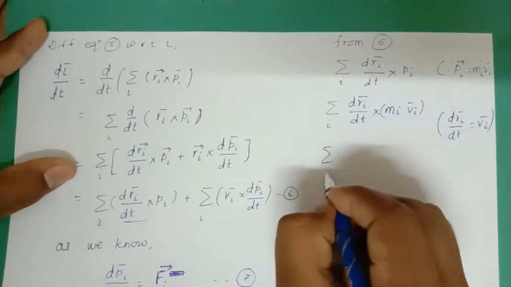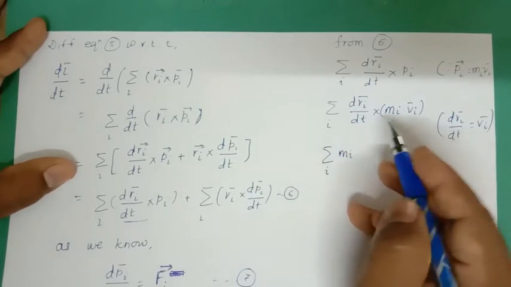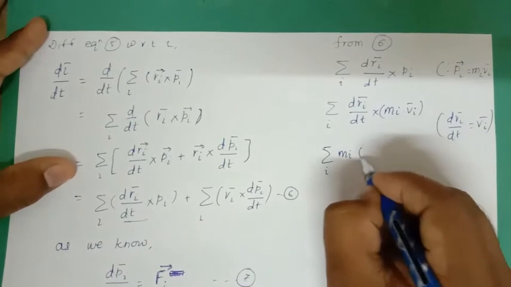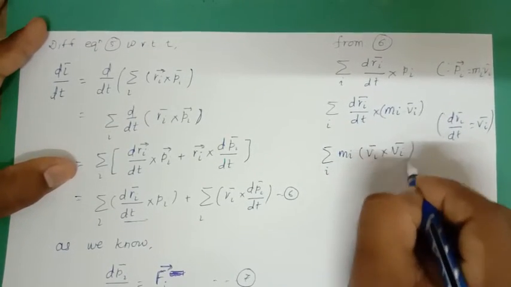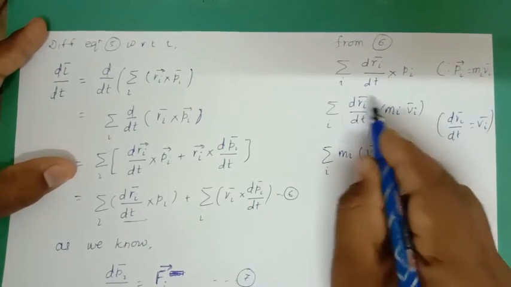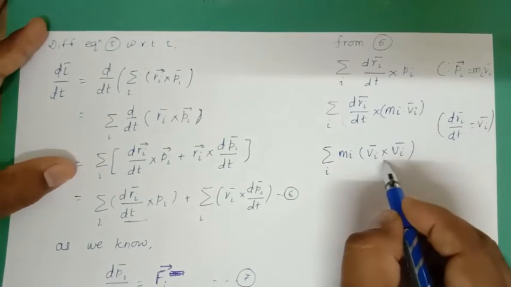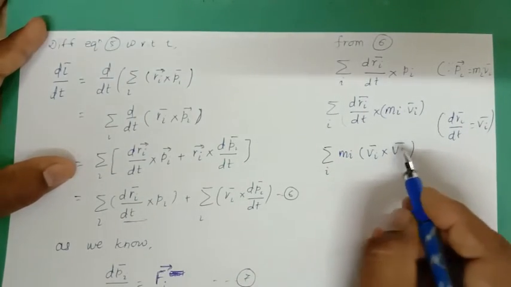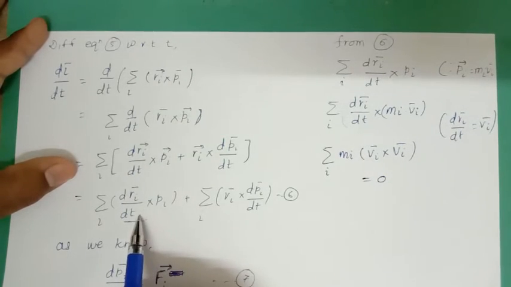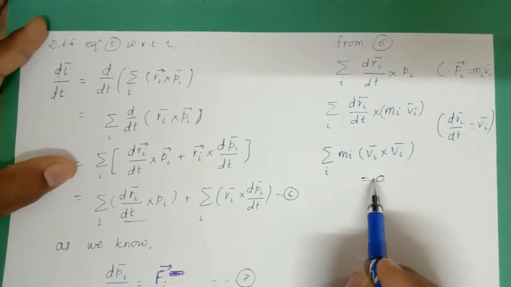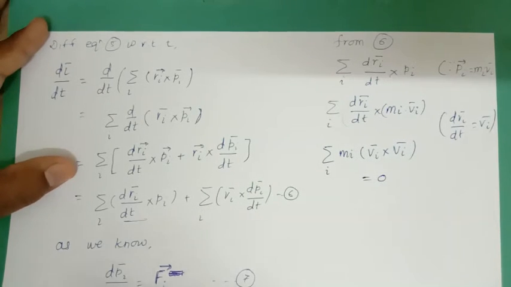So summation over i, mi as it is, since it is constant with respect to time, so vi cross vi. And what is the cross product of a vector with itself? It is 0. So instead of this value I put the 0 value, and instead of this dpi by dt I'll put the Fi value.